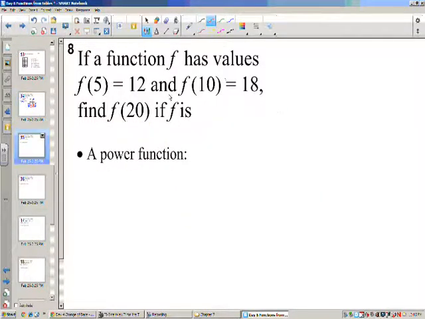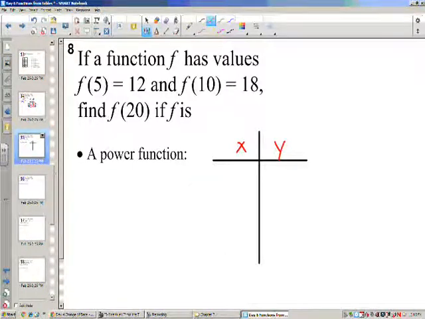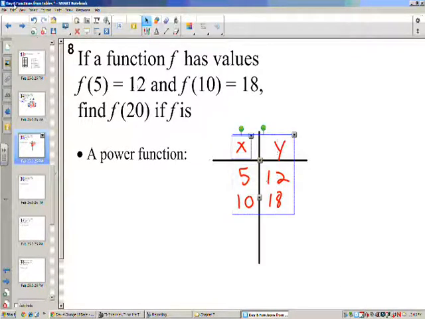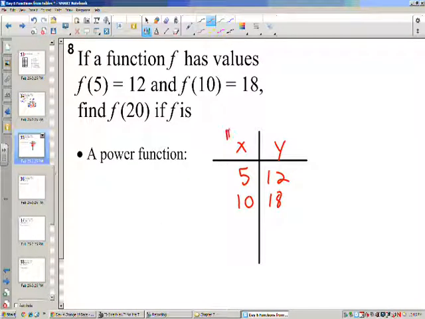Now, if a function has the values f of 5 equals 12 and f of 10 equals 18, let's find f of 20 if it's a power function. Well, we can make that chart again. X, Y, and I'll put in 5, 12, 10, 18. Now I'm going to just copy this for future use. Wonderful. So now if we want to find out what f of 20 is, a power function we learned was multiply, multiply.